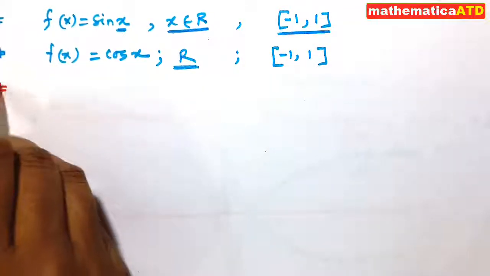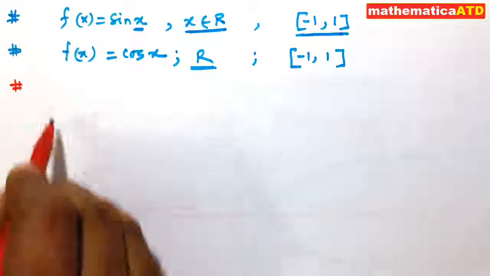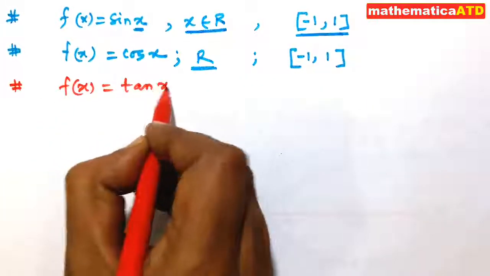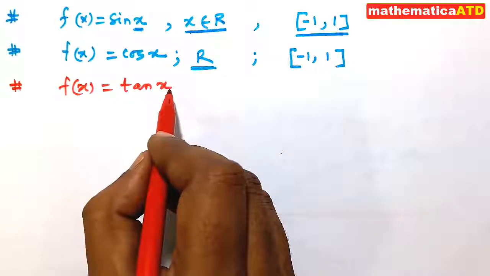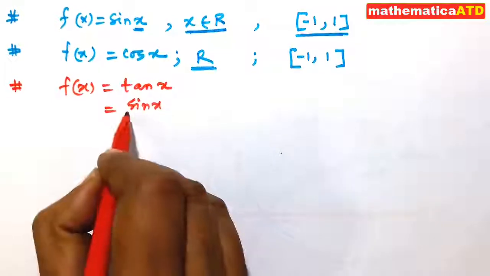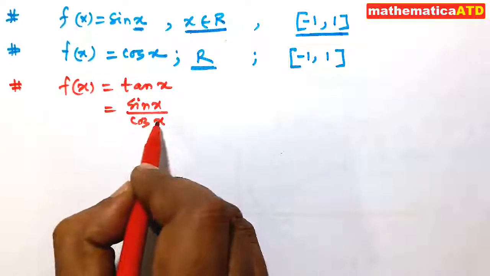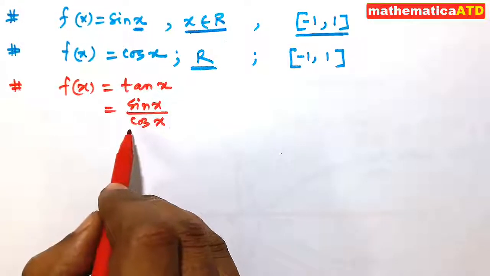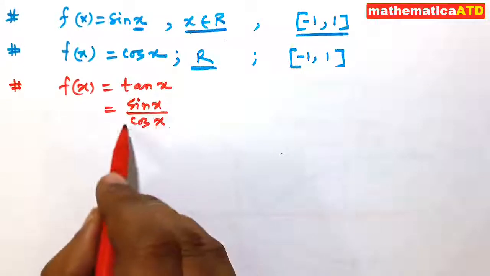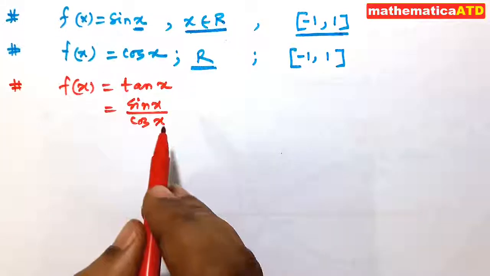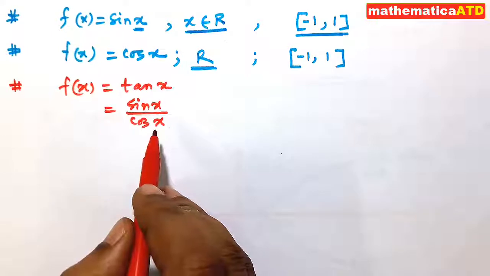Say f(x) is equal to tan x. It is called the tangent function. We know that tan x is equal to sin x by cos x, and this tan x is not defined when cos x is equal to 0. That is when x is an odd multiple of pi by 2, isn't it?